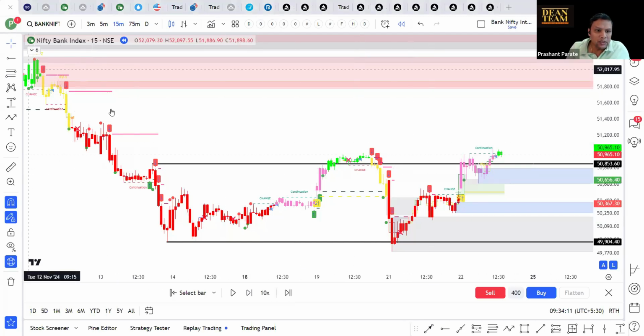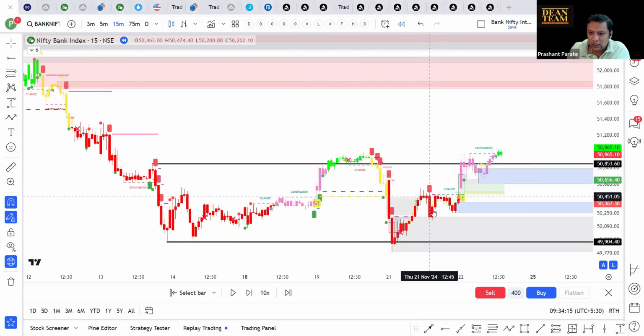Okay. So once this thing happened, see, this is a strong force of selling, then the selling force disappeared here and a strong buying force appeared and the trend is also favorable.